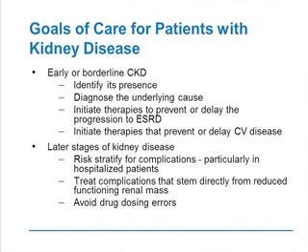The next challenge is to diagnose the underlying cause. It most often occurs in the setting of hypertension or diabetes, and more times than not, we make clinical diagnoses. The next step would be to initiate therapies to prevent or delay the progression to end-stage kidney disease.